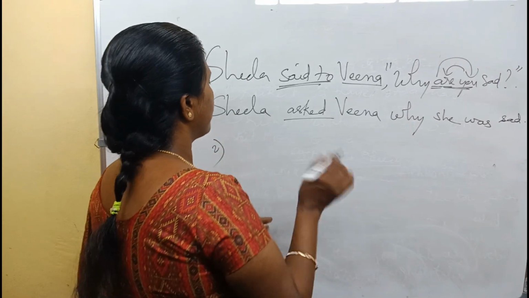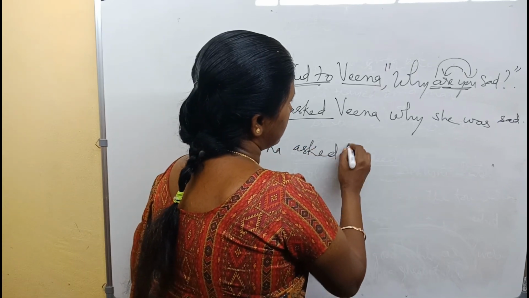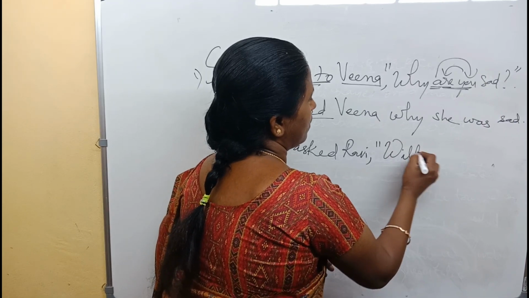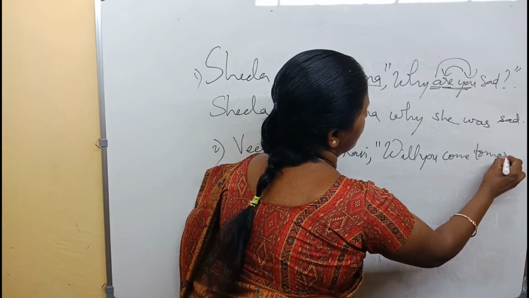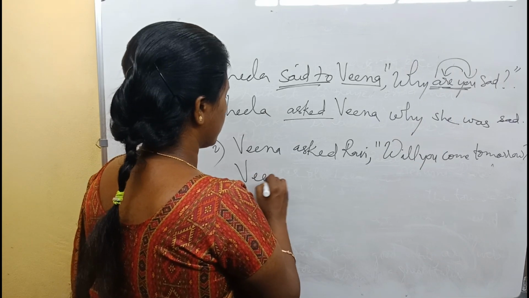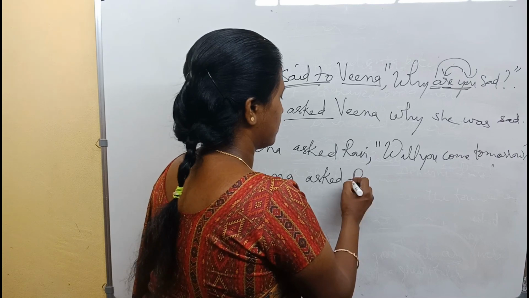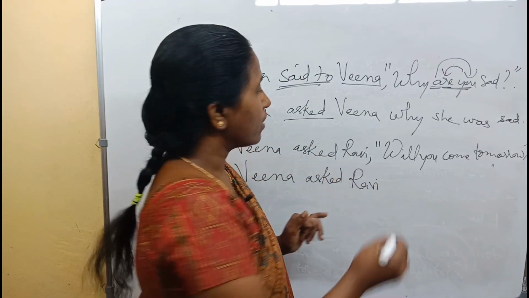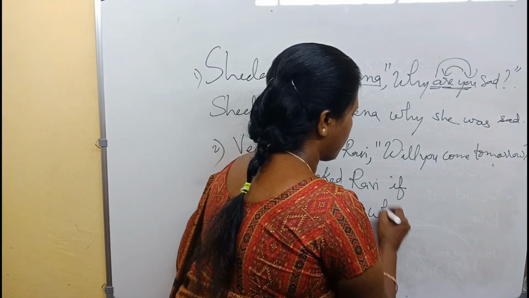One yes or no question I will tell and we will wind up. Veena asked Ravi, will you come tomorrow? Okay. So in that case, what you would say? Veena asked, already asked is there. So write asked Ravi. This is a yes or no question. For yes or no question, the linking word is if or whether.